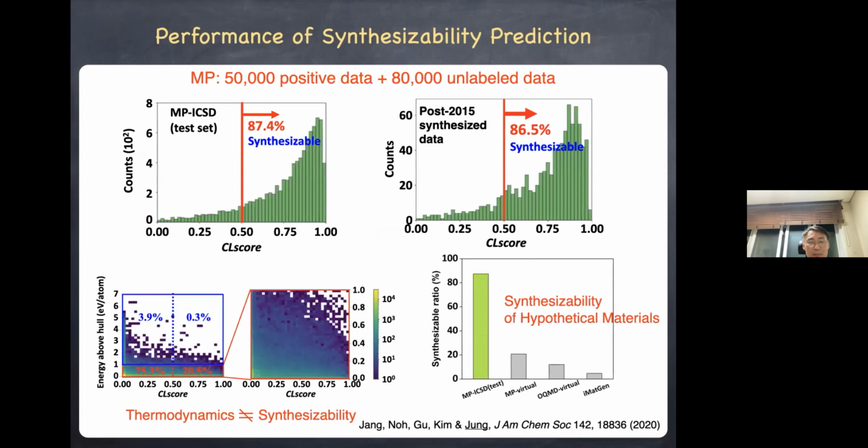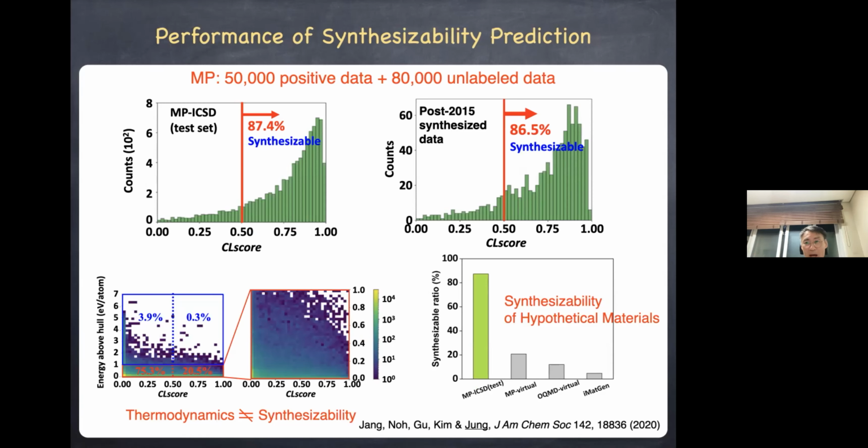We trained the model with the Materials Project, where we have about 50,000 positive data with the ICSD tag, and about 80,000 hypothetical data, which are obtained by substitution of the existing materials. Our model has a positive recall accuracy of about 87%.